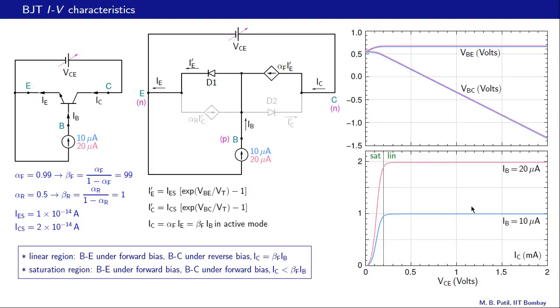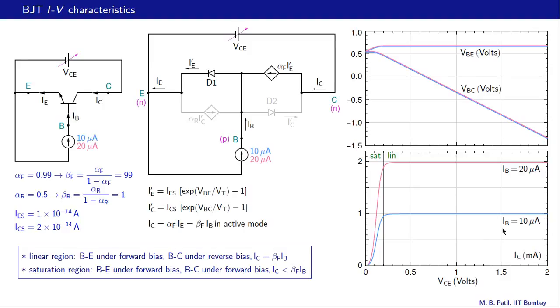So overall, there is a large change in the collector current plot, but there is hardly any change in the base emitter and base collector voltages as we change IB from 10 microamps to 20 microamps. And based on this experience, we can now predict what is going to happen for some other value of IB.